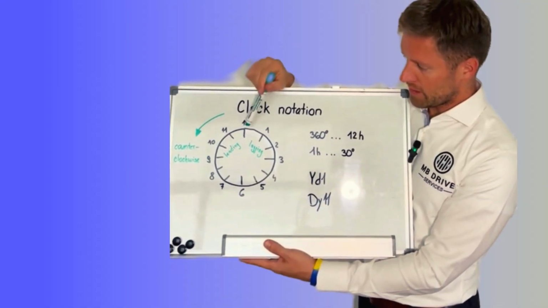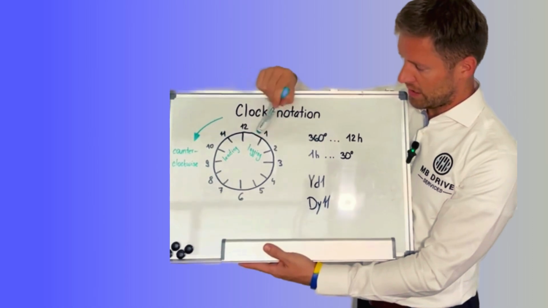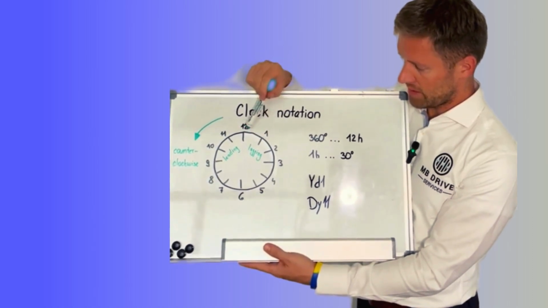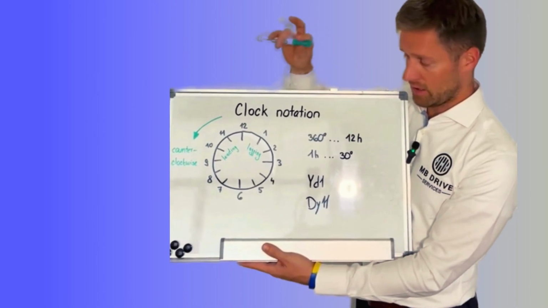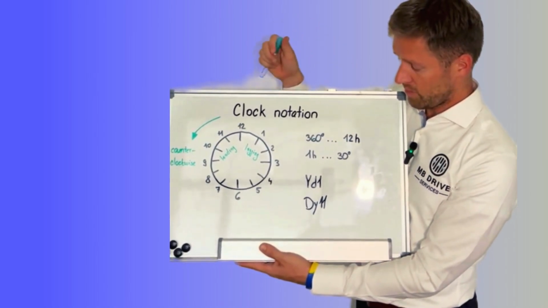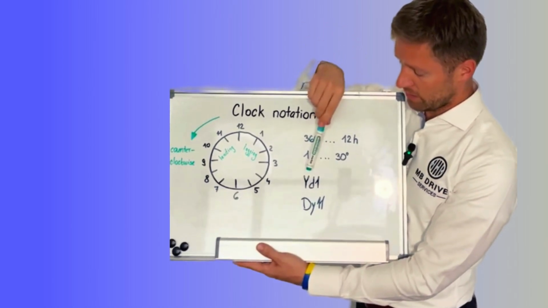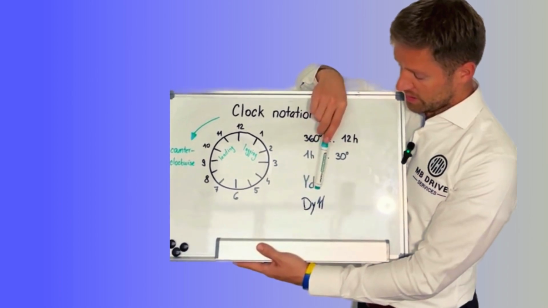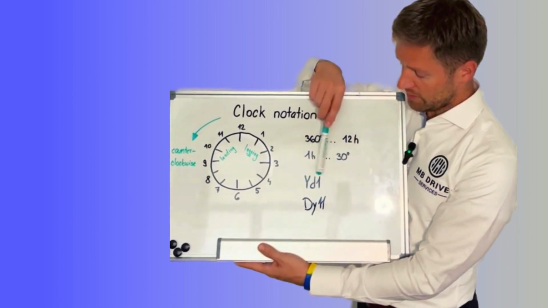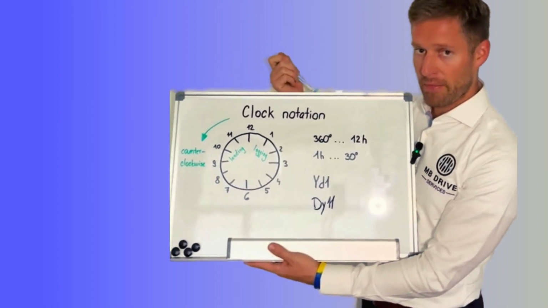So if we have 1 o'clock, 1 hour phase displacement between the windings, it means that they are 30 degrees shifted. If we just have a 2-winding transformer, a simple one like YD1 or DY11, then we have a 30-degree phase shift in one or the other direction.